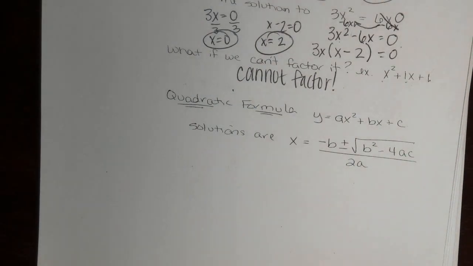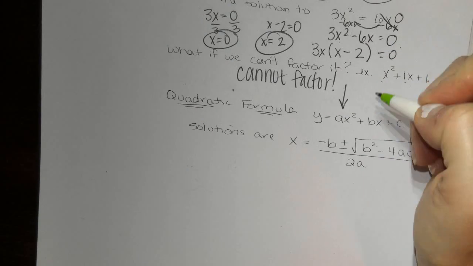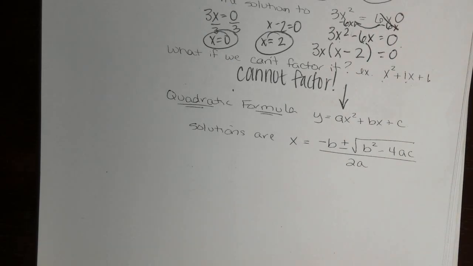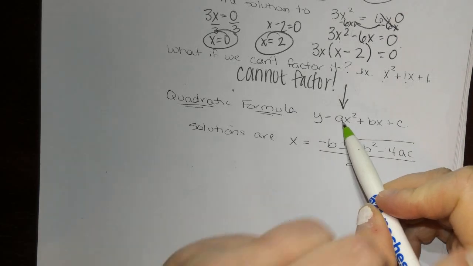So when we cannot factor something, today I'm going to teach you something that you can use, which is called the quadratic formula. You remember the parent function of a quadratic is y equals x squared. But most of the time when we see it in a trinomial, it's in this pattern here.